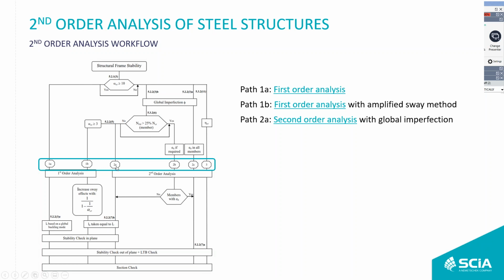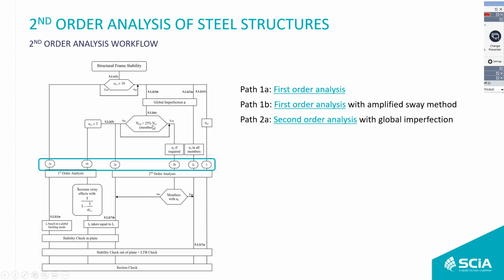Then we have path 2A. Notice there's also always a reference to Eurocode 3. The articles are mentioned here. Path 2A is a second order analysis with only a global imperfection. This can only be done if your normal force is lower than 25% of your N critical. Then you can do path 2A.